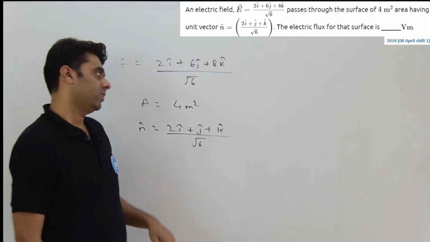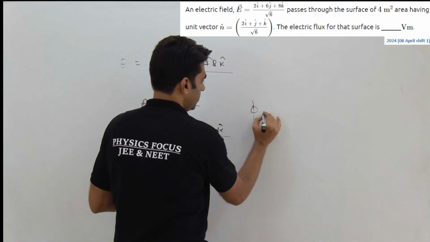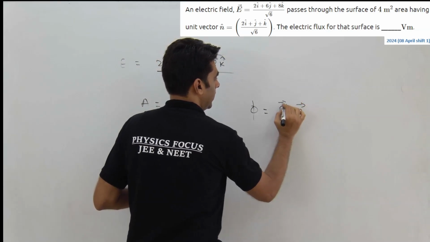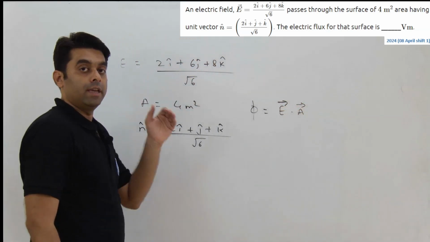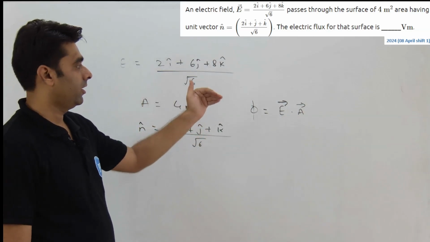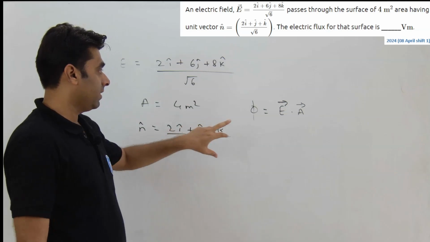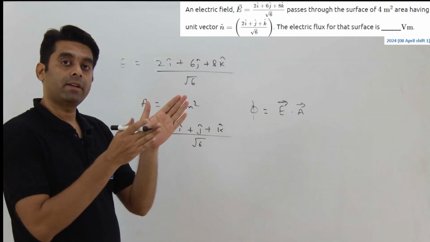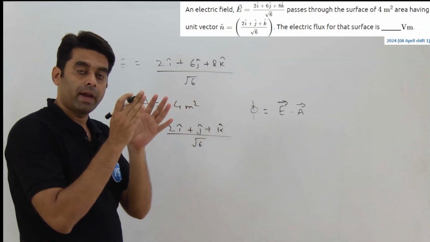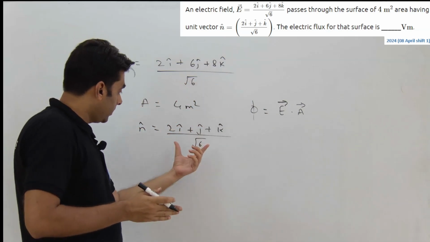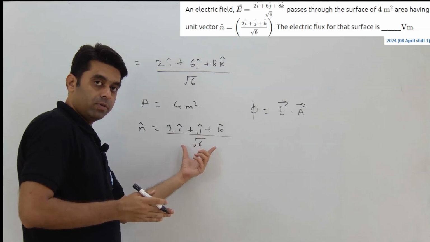What is flux? Flux we write as integral E dot A. If the electric field is constant, we can write E vector dot A vector. The magnitude of the A vector is 4, and its direction is perpendicular to the surface, which is the unit vector they have given.